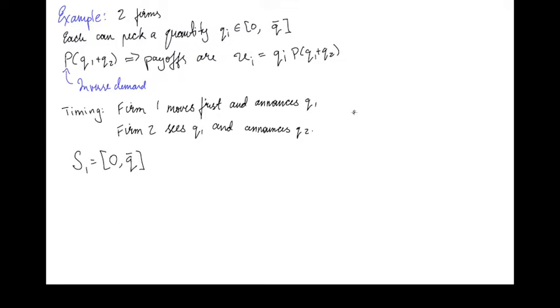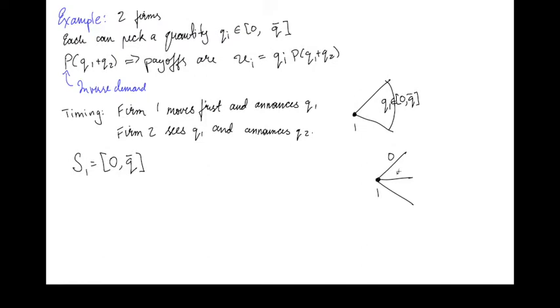So firm 1 is going to move first. They're going to pick some Q1, and I'll write it this way to indicate that, rather than, for example, an alternative game where they could have picked 0, Q bar over 2, or Q bar, so there are only 3 different quantities they could have chosen.